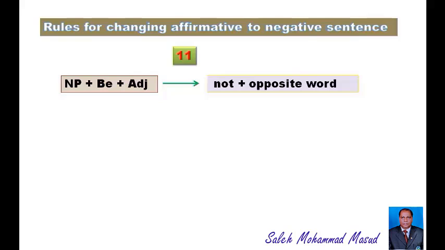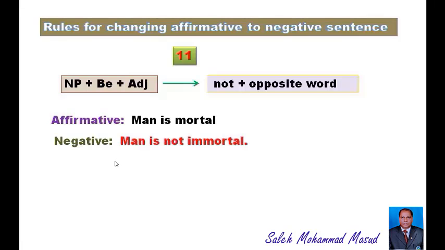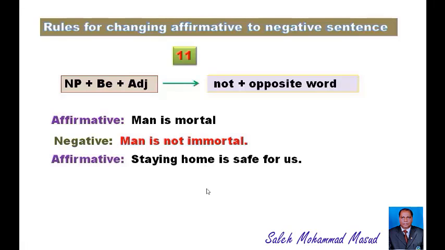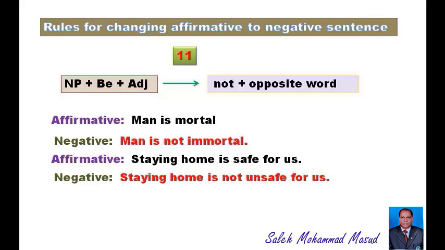Example, man is mortal. Negative form will be, man is not immortal. The negative opposite form of mortal is immortal. Staying home is safe for us. Negative form, staying home is not unsafe for us.